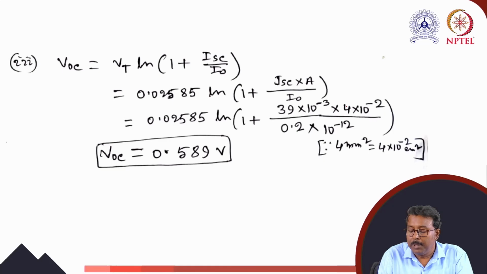But here you have to multiply with the 4 millimeter square area, that is 4 into 10 to the minus 2 centimeter square, by 0.2 into 10 to the minus 12, because the reverse saturation current I0 is 0.2 picoampere. After putting this value, the VOC comes to 0.589, almost equal to 0.6 volt.